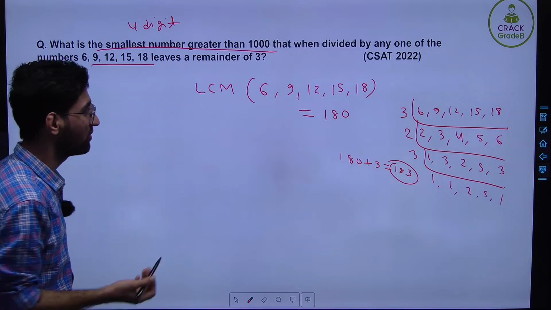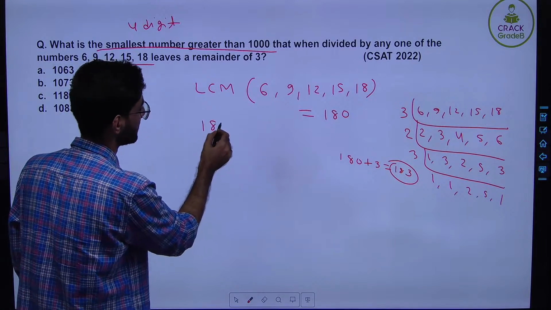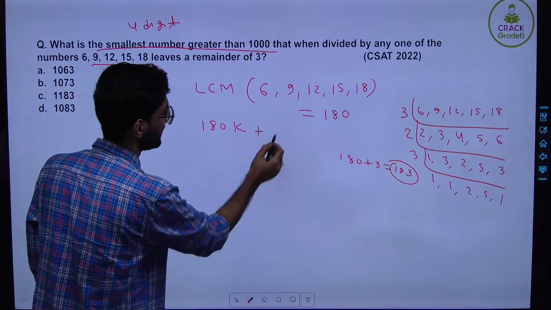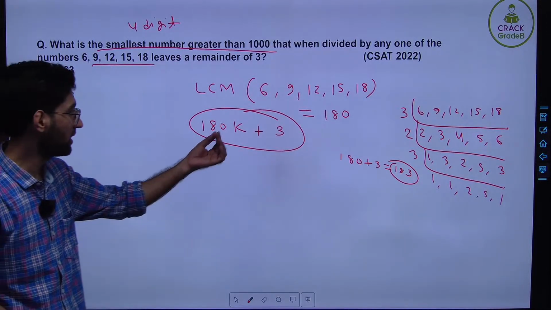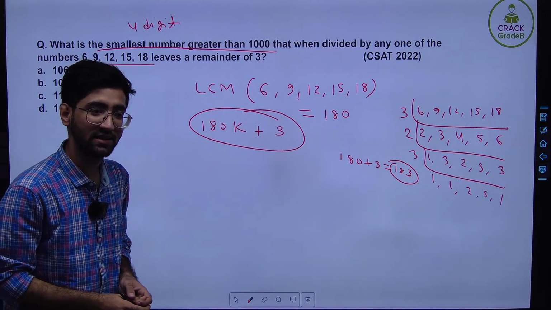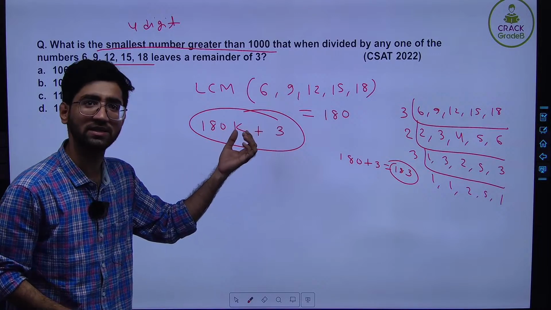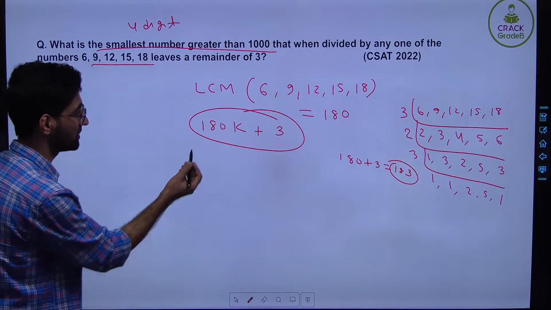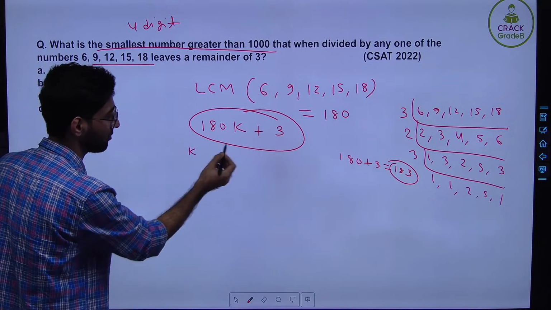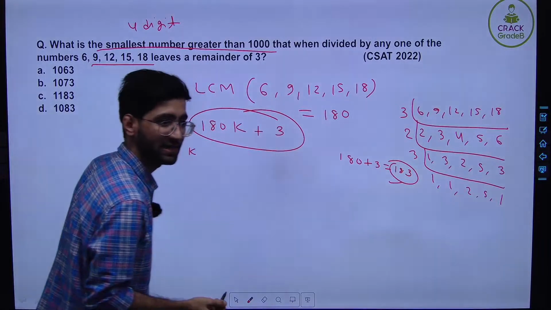Right? Now try to think that it means the number will be of the form 180k plus 3. You can call it 180m plus 3, or 180p plus 3, whichever letter you are comfortable with. If you put k equal to 1, the number will be 183.